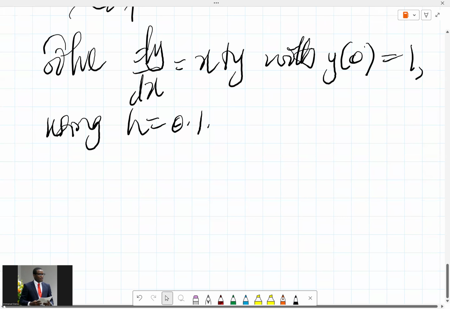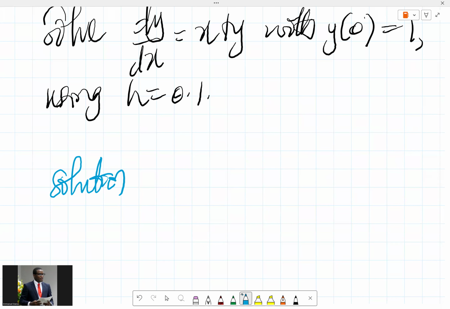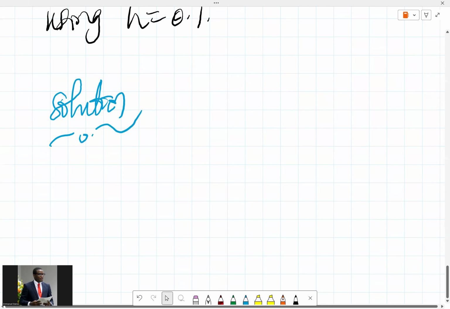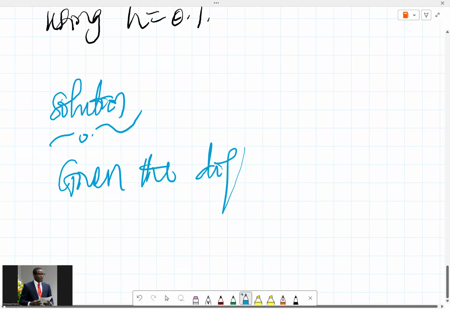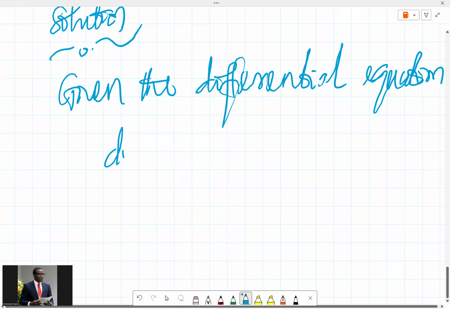So let's talk about the solution. Given the differential equation dy/dx equals x plus y.